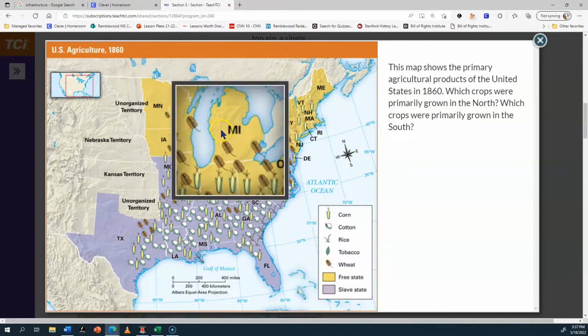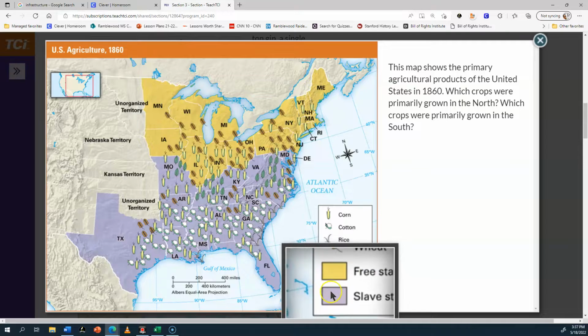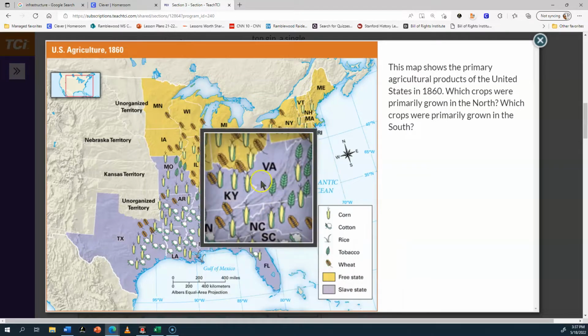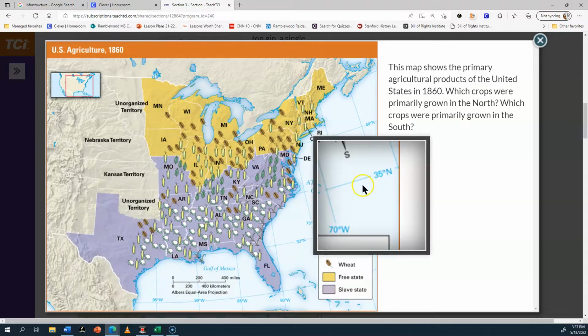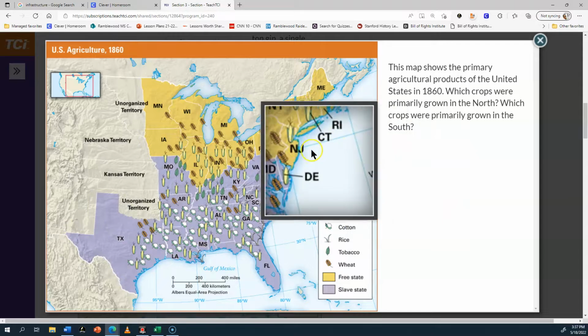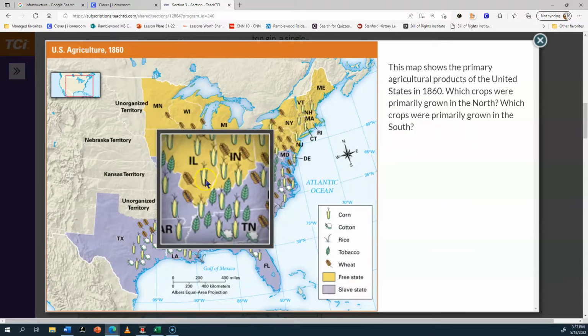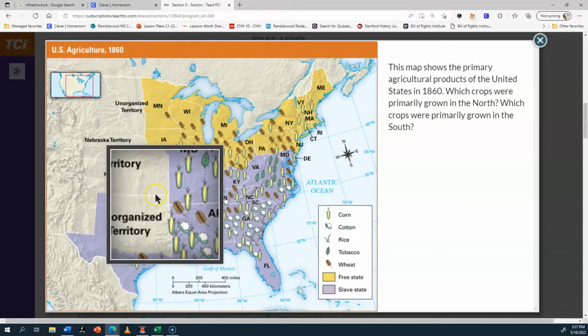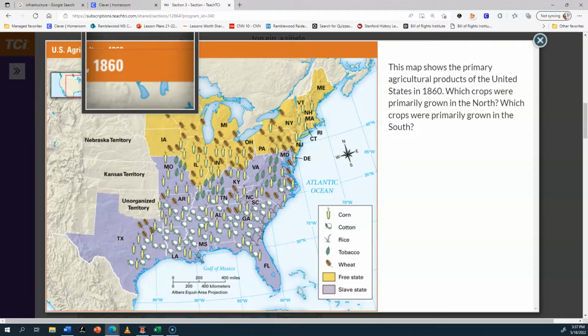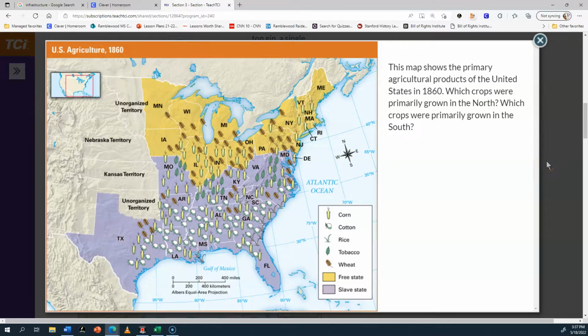The yellow states are free states, and the purple states are slave states. Do you see the Missouri Compromise line? Look, here it is, the Missouri Compromise line. You drew it right on there, right? So I don't want the state abbreviations. I want the names of the states.